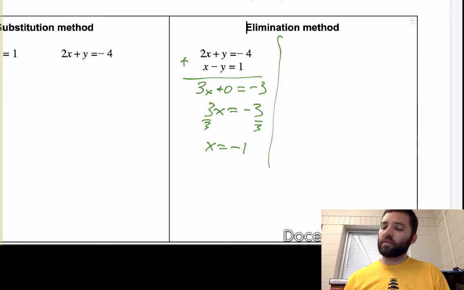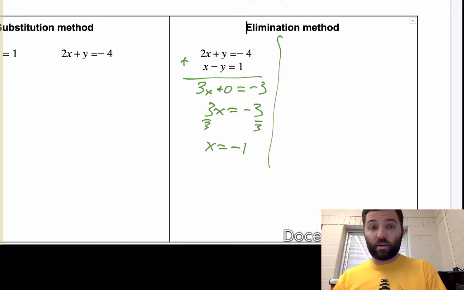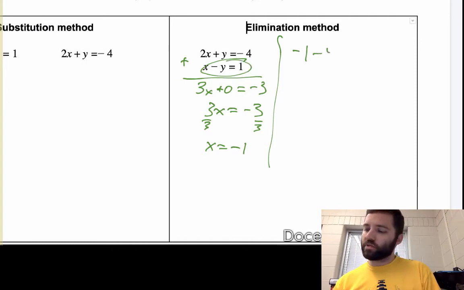Remember that the solutions to these are a point, x and y. So to get the other variable, y, I'm going to plug in negative 1. I can plug in negative 1 to either equation. Okay, this one right here is simpler, so I'm just going to use that one. So I'll go negative 1 minus y is equal to 1. I'll add 1 to both sides.